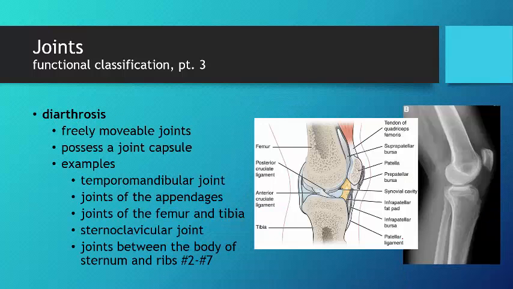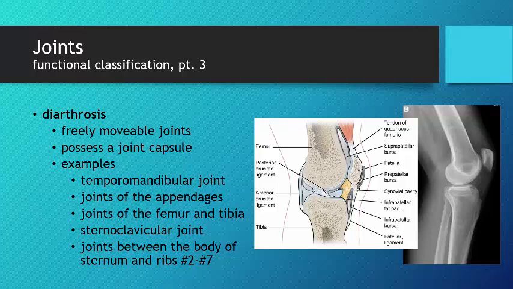And then the last of the functional classification categories are the Diarthroses, the freely movable joints. And these are the joints that possess a joint capsule. In a second, when we look at their structural classification, we'll see them called synovial joints because they have that synovial membrane-lined capsule around them.